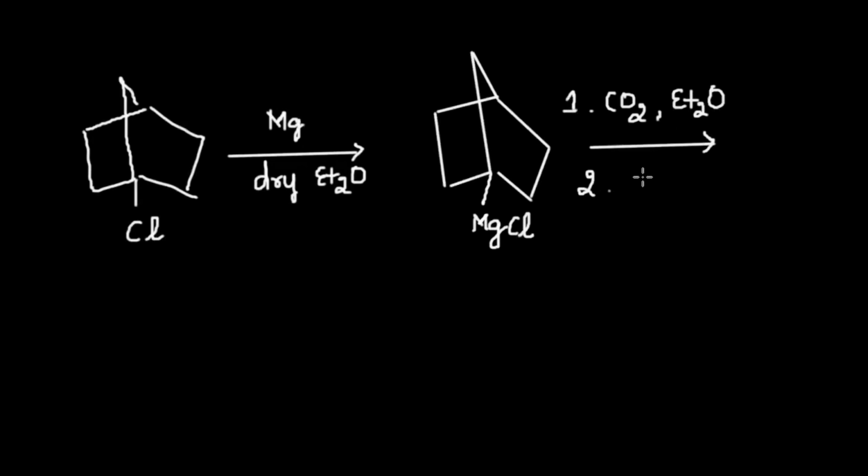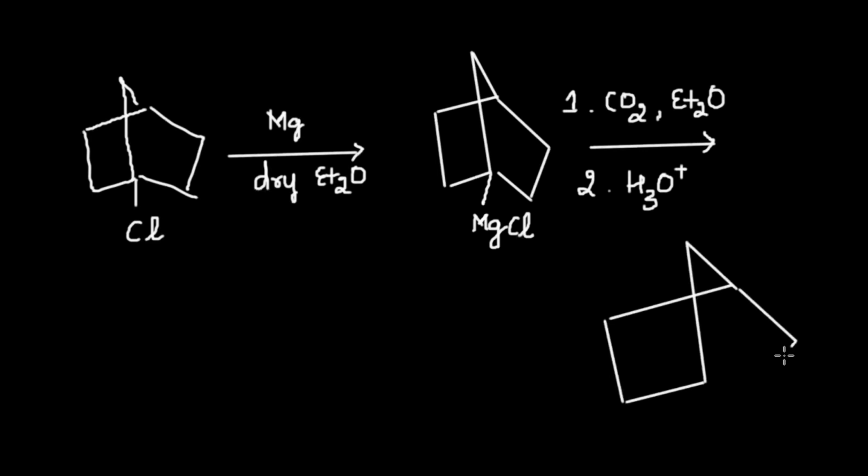And the third step is quenching, acidic workup. This is going to give you 70% yield here.